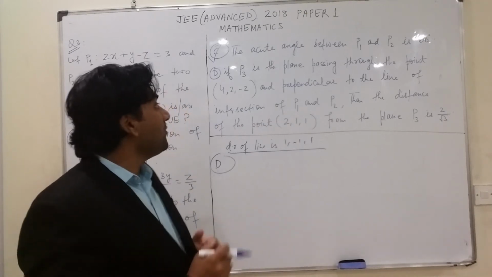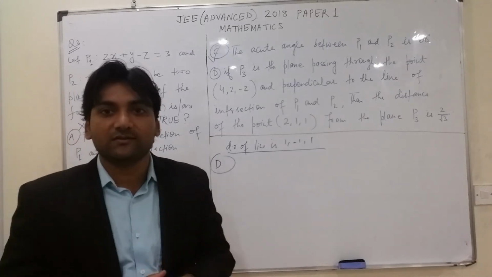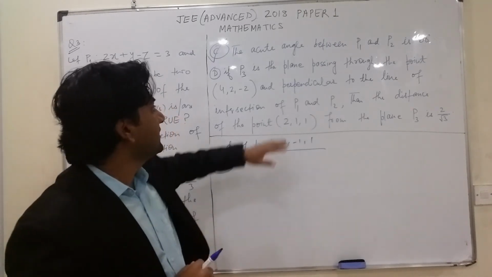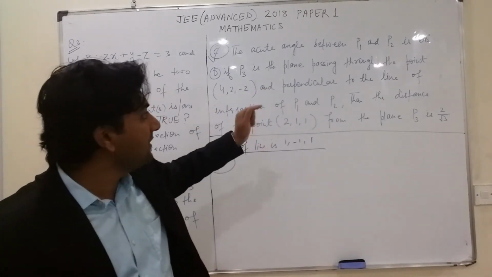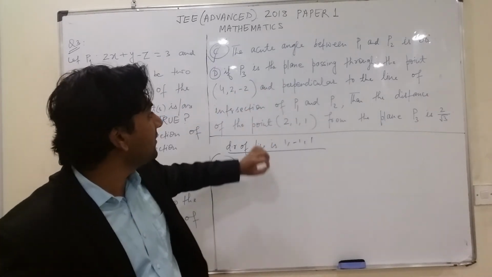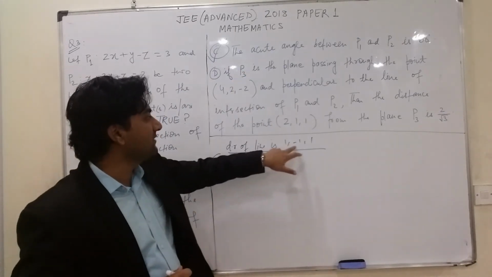That's good. Now, perpendicular to the line of intersection of P1 and P2, it means what? It means the cross multiplication of N1 and N2, that will be a normal of your plane, that is P3. And that direction ratio is 1, minus 1 and 1.